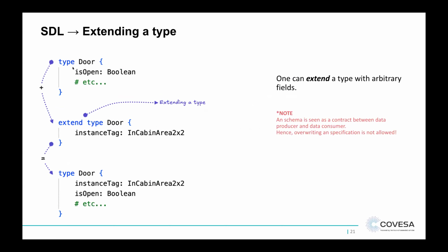Like here, the type is door, and isOpen is a field. Then I can extend the door type with an instance tag on top of it. When you compile these files, you will get a type door. So if you have your own in-house requirements that you want to extend these definitions and build custom artifacts, you can still do that by simply using the existing ones. You don't have to reinvent the wheel here.